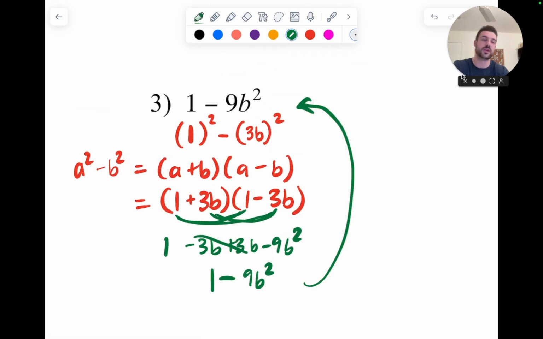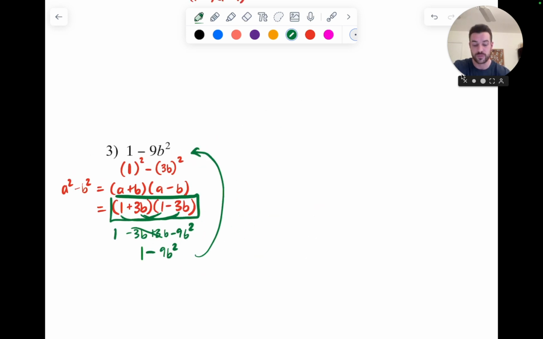So we never really want to multiply out when factoring. Factoring is breaking up into pieces, but the idea is if we did multiply out, we should end up with what we started, and again, we do.